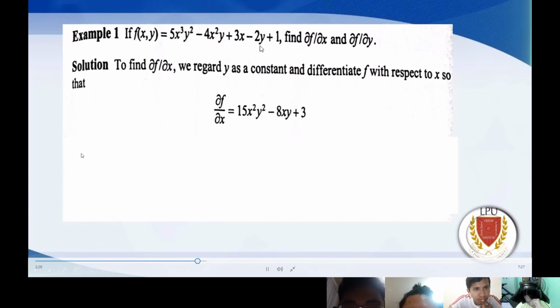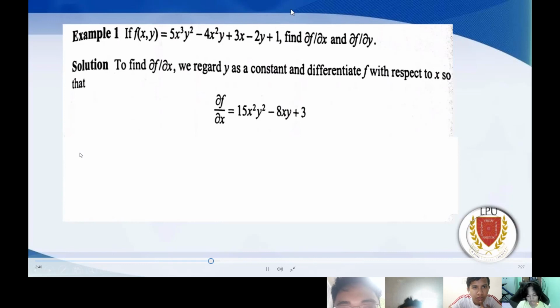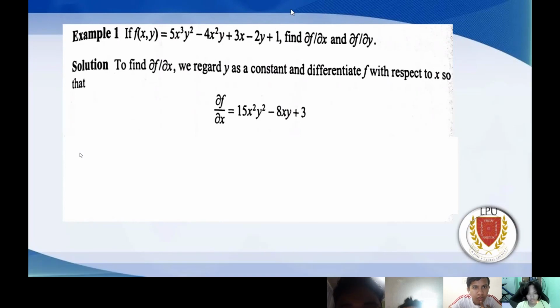The derivative of 2y, again, we will be looking at y as a constant. So therefore, this is a constant term. It's just like a number. And the derivative of a constant is 0. So the answer for this one, the partial derivative of f with respect to x, is 15x squared y squared minus 8xy plus 3. I hope that is clear to everyone.